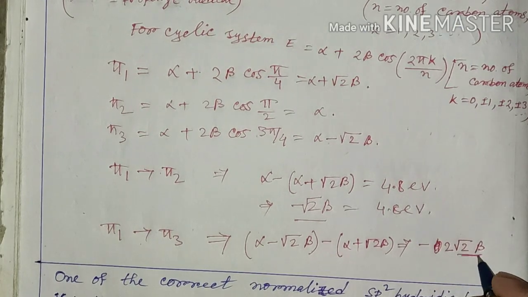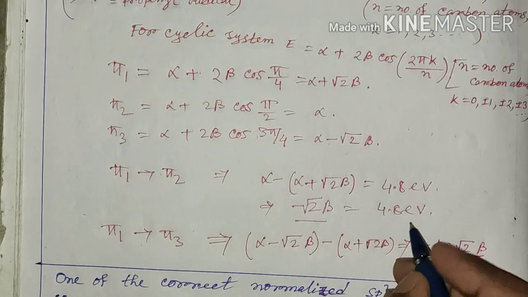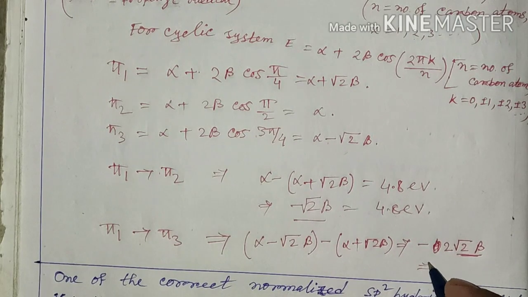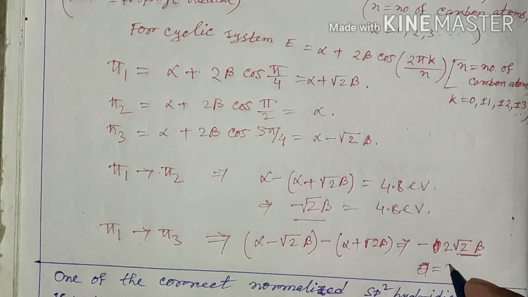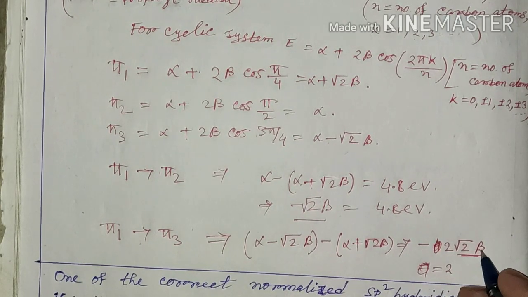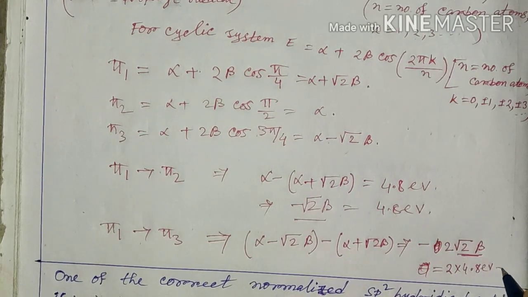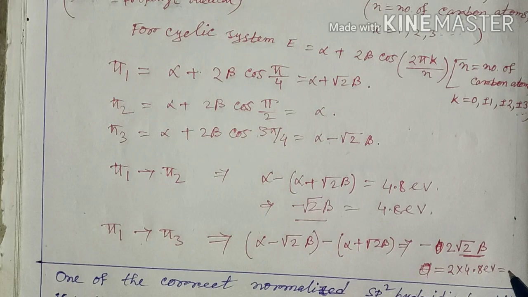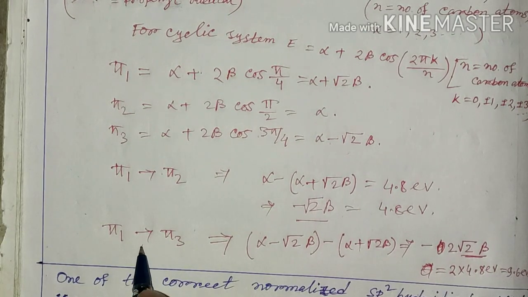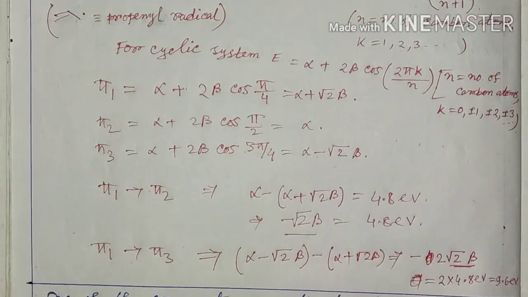We know the value of root 2 beta is equal to 4.8, so if we put the value, we will get 9.6 electron volt. So the electronic transition energy from pi 1 to pi 3 is equal to 9.6 electron volt.